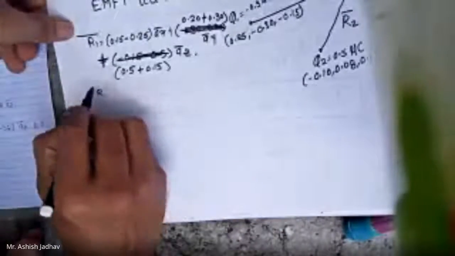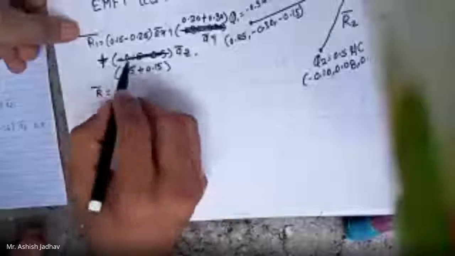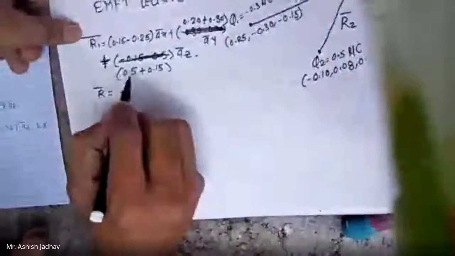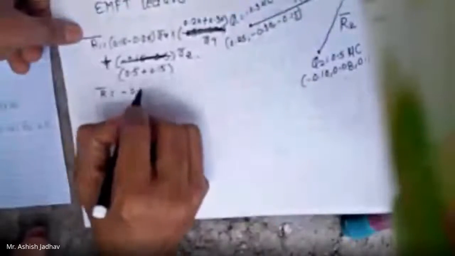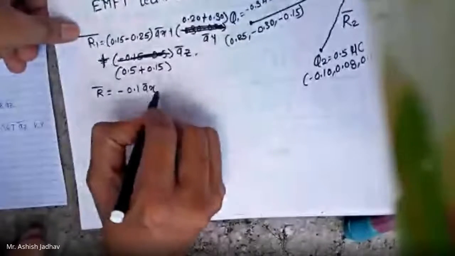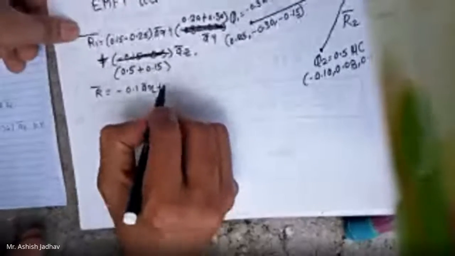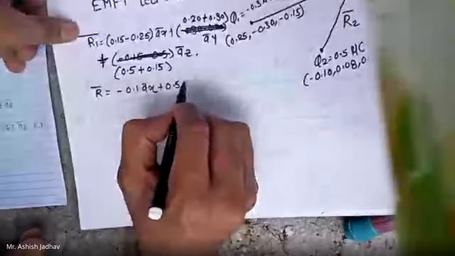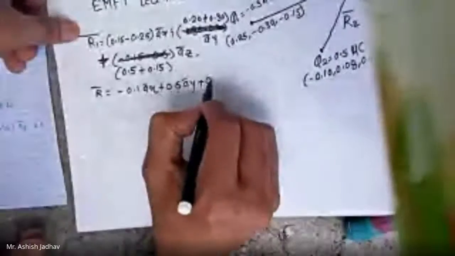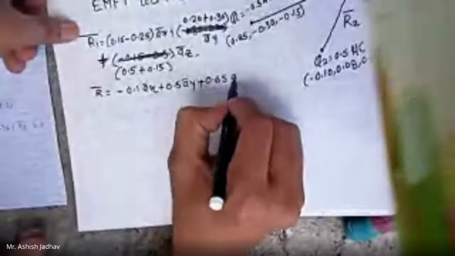So what vector do we get? R1 bar is equal to minus 0.1 a bar x plus 0.5 a bar y plus 0.65 a bar z.